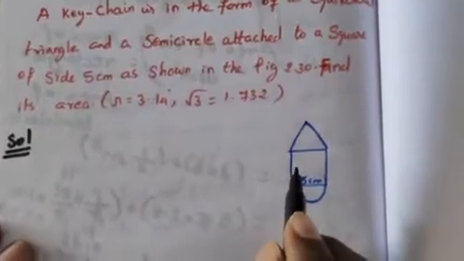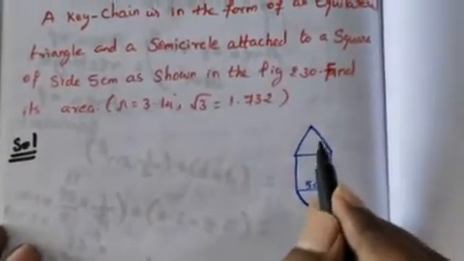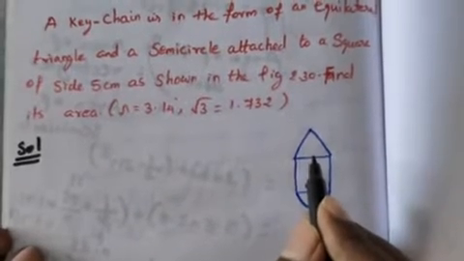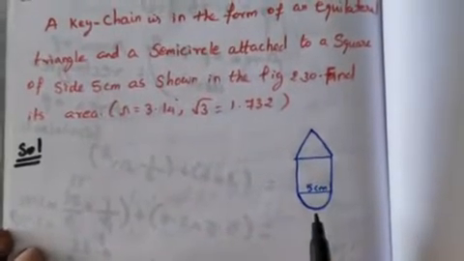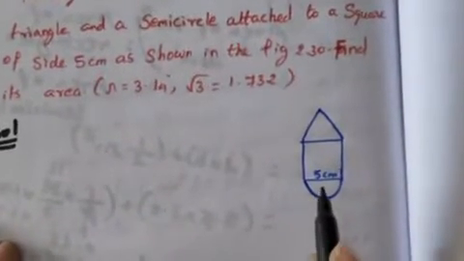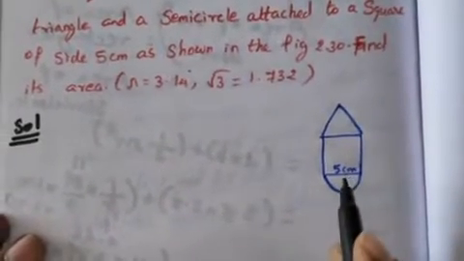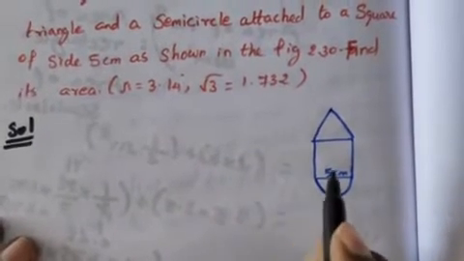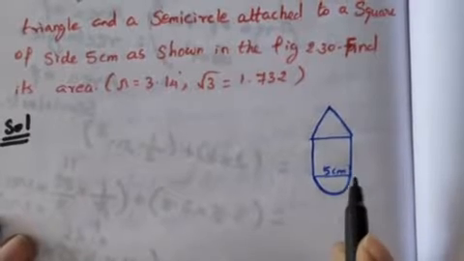Here they were given one combined figure. That is a key chain which has one equilateral triangle, one square and one semicircle. Look at this picture. In this picture they were given the side of the square. You know all the 4 sides of a square are equal.